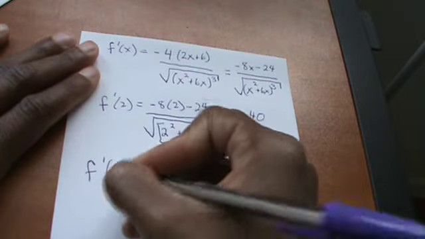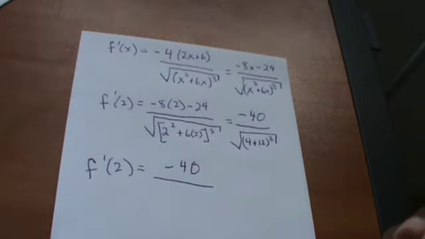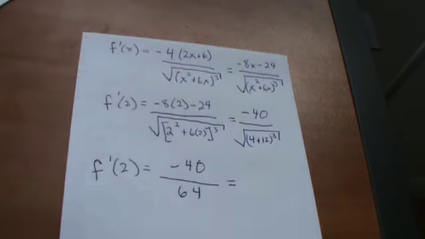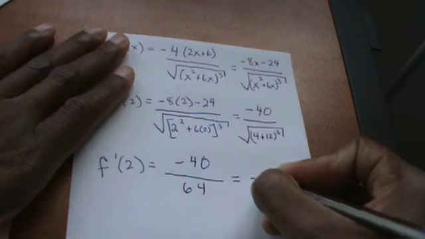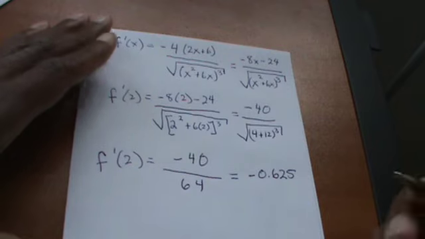F prime of 2 then equals negative 40 over, let's see, 4 plus 12 is 16, the square root of that is 4. And when we take 4 and we cube it, we get 64. Okay, of course you can simplify this even further if you so desire. And I got that this is negative 0.625.